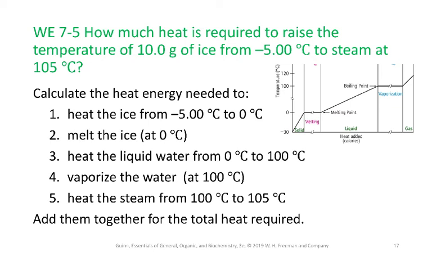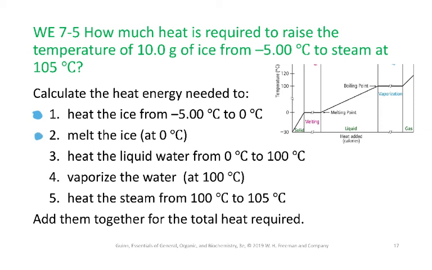Okay, this is the longest type of problem you may ever get for this type of question, because it involves all 5 regions of the heating curve. So we have negative 5 degree ice. First we need to heat the ice from negative 5 up to 0. Why to 0? Because that's where the phase change occurs. Then we need to melt the ice at 0.